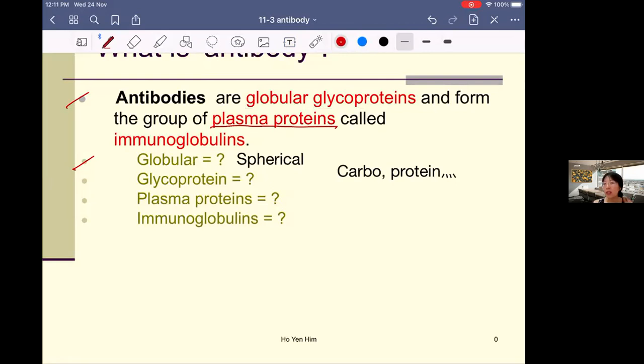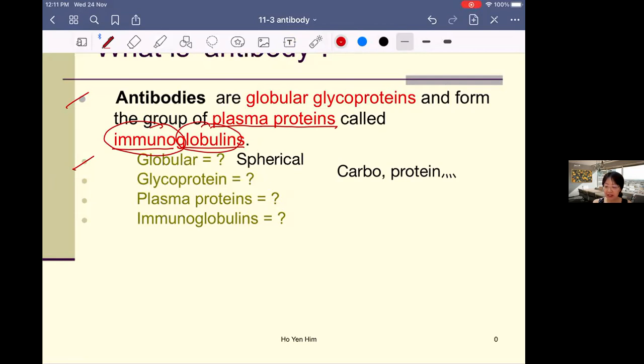Antibodies, once secreted, will circulate in our body, in the blood, tissue fluid, and the lymph. And it is also called immunoglobulin. That means globular protein that is involved in immune response. So this is the definition of antibody.